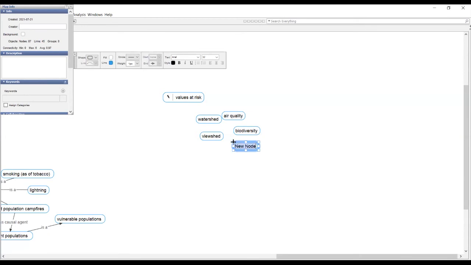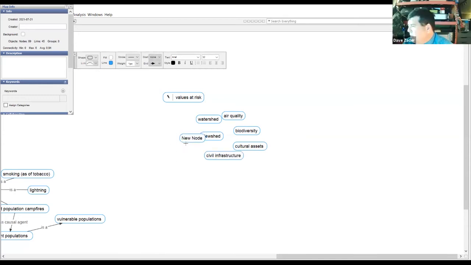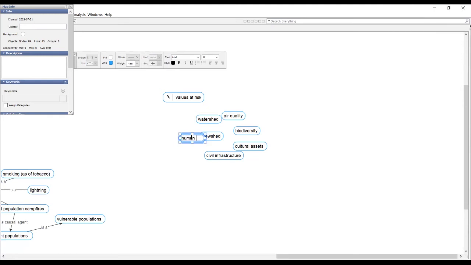Yeah. And definitely. Right. And then of course we have the cultural assets, the infrastructure assets like houses and civil infrastructure. Yeah. Okay. Human rights? Yes. Like agriculture and products as well.